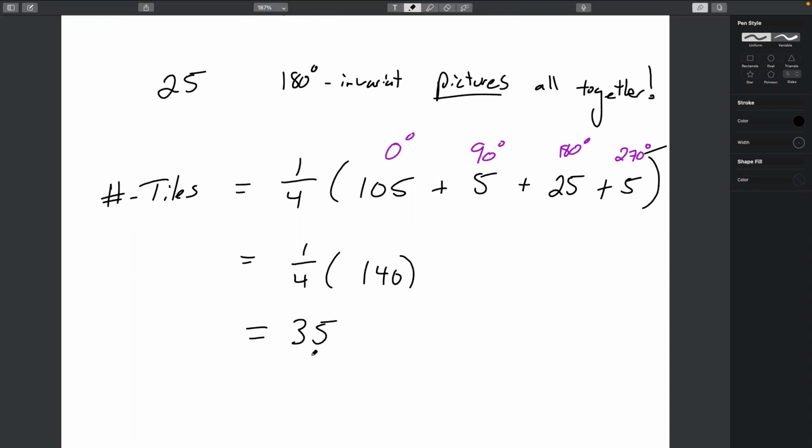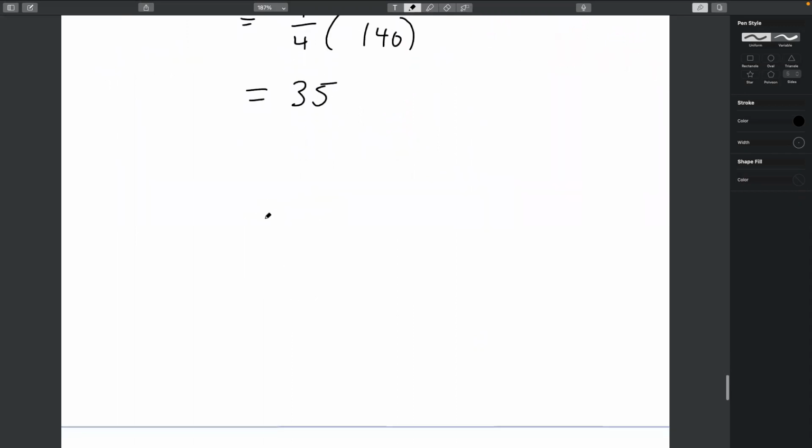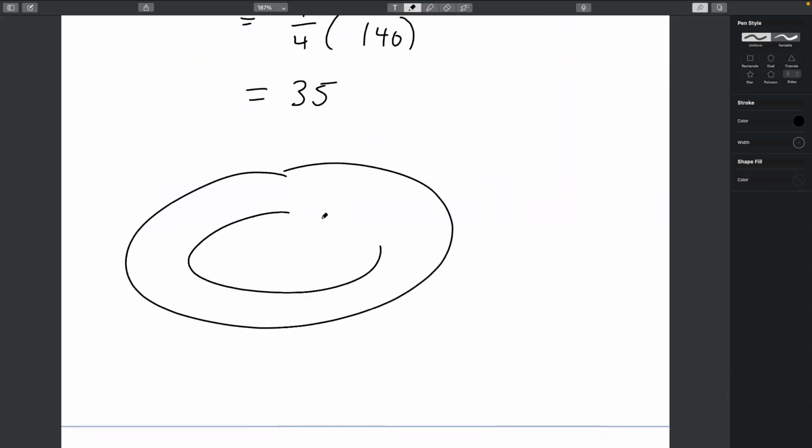Pretty interesting, I think. Oh yeah, one more thing I wanted to say, just to put your mind at ease, sort of. So if we think about how much of each type exclusively there would be, the 180 degree invariant pictures and the 90 degree invariant pictures.